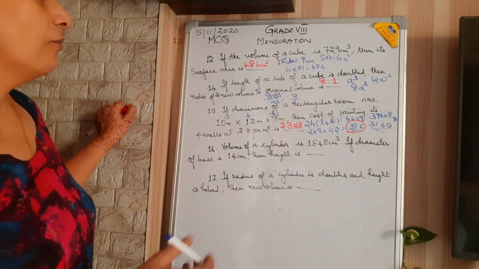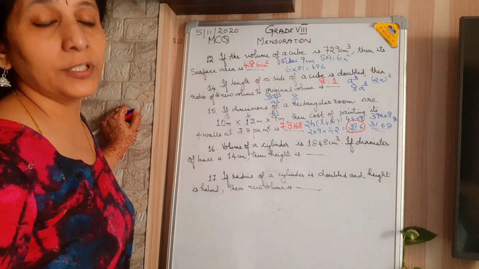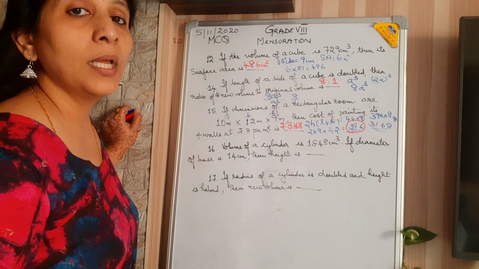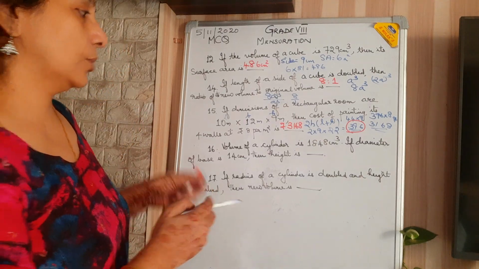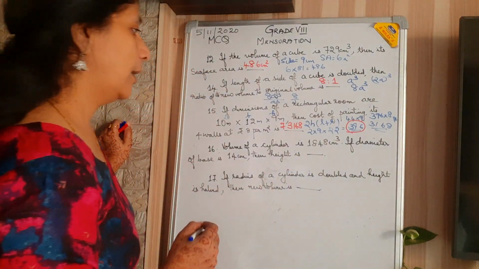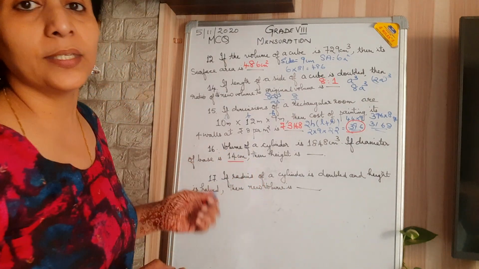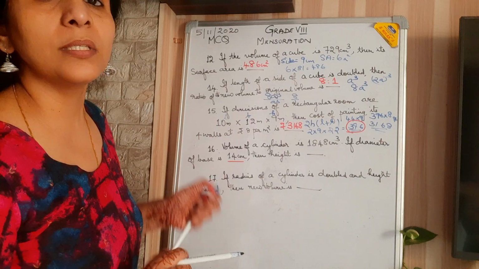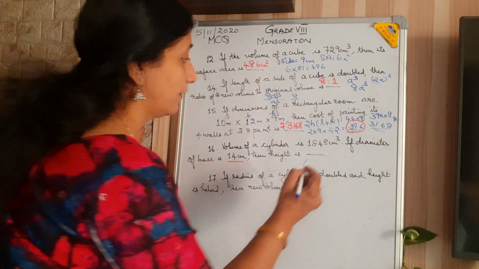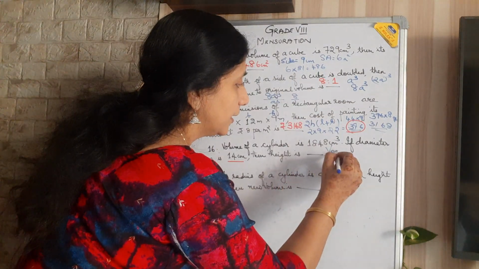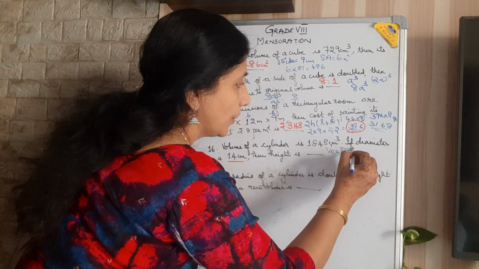Now next is volume of a cylinder is given. What is the formula for volume of a cylinder? Pi r square h. So it is given as 1848, and diameter of the base. See, the diameter is given. So what is radius? It is d by 2. That is 14 upon 2. That is 7. So volume of a cylinder is pi r square h.